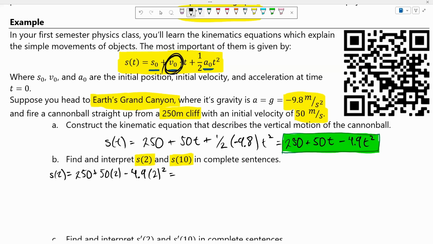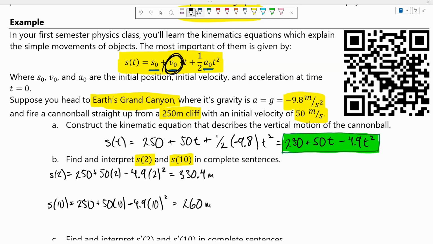And if you do that all out, you should get 330.4. Okay? Again, S of 10 is exactly the same thing, but I'm going to plug in 10 instead, right? 250 plus 50 times 10 minus 4.9 times 10 squared. And if you do that all out, 260 meters.